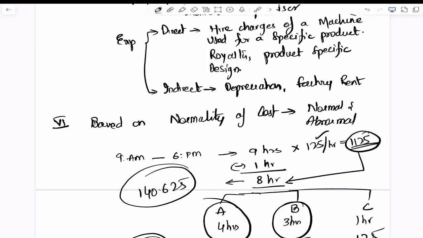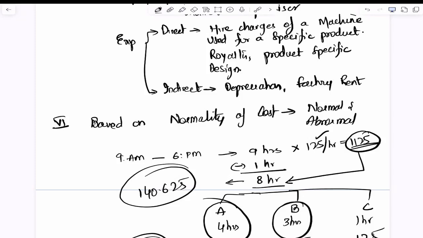All avoidable expenses will be abnormal.